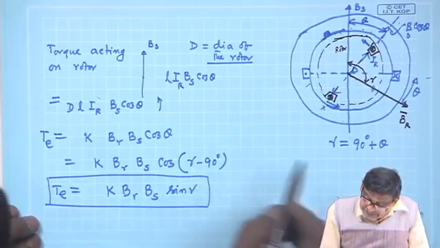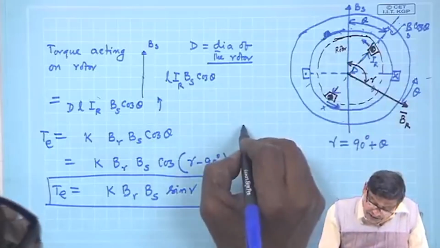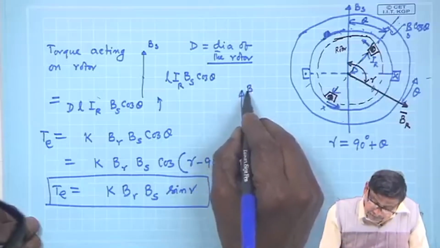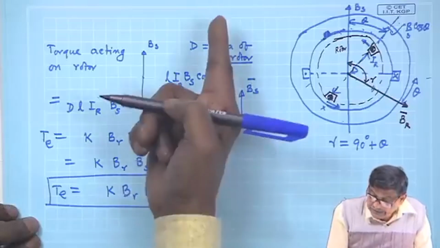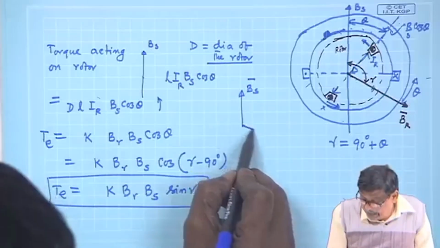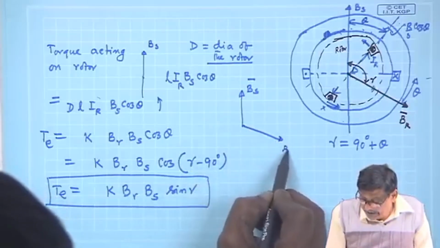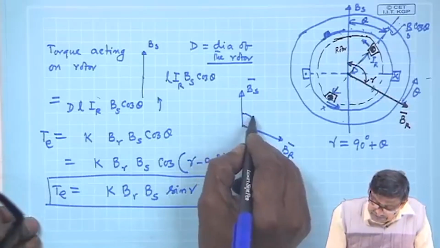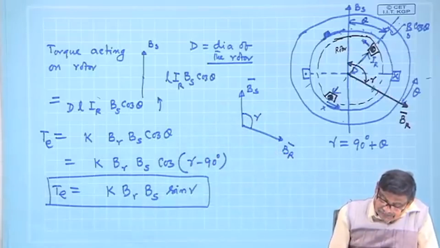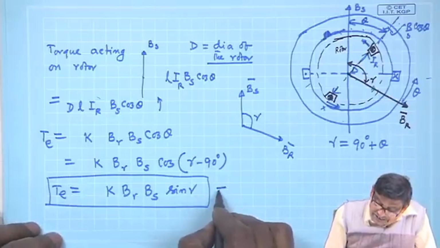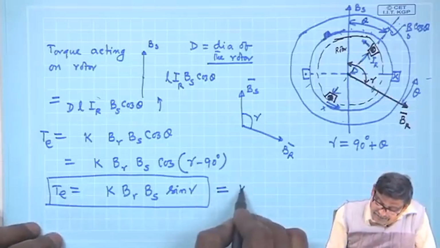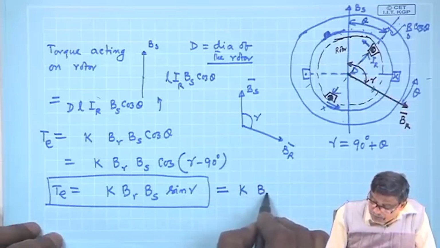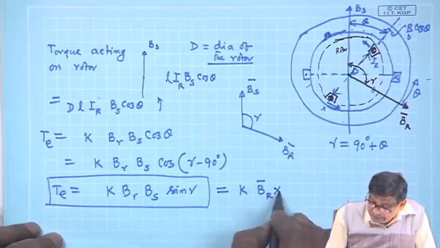And see, now I will just draw it here. It is Bs, a vector, and it is Br at any arbitrary position. This angle is gamma. So, can it not be written as k into the cross product of these two vectors?